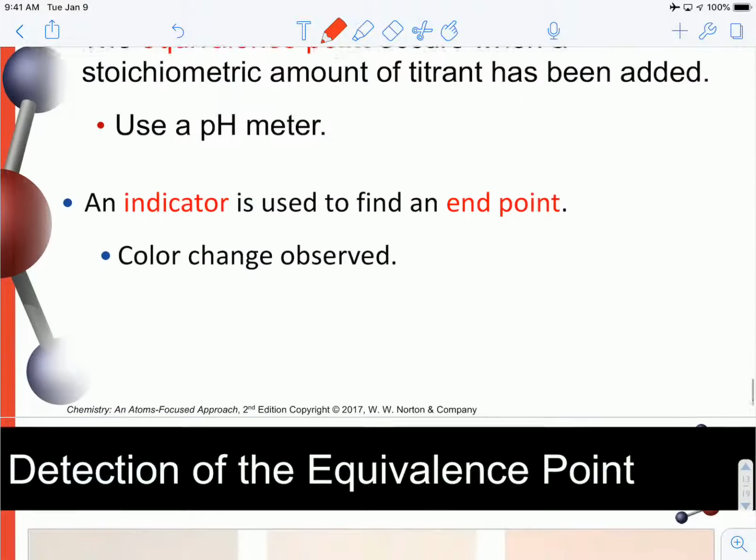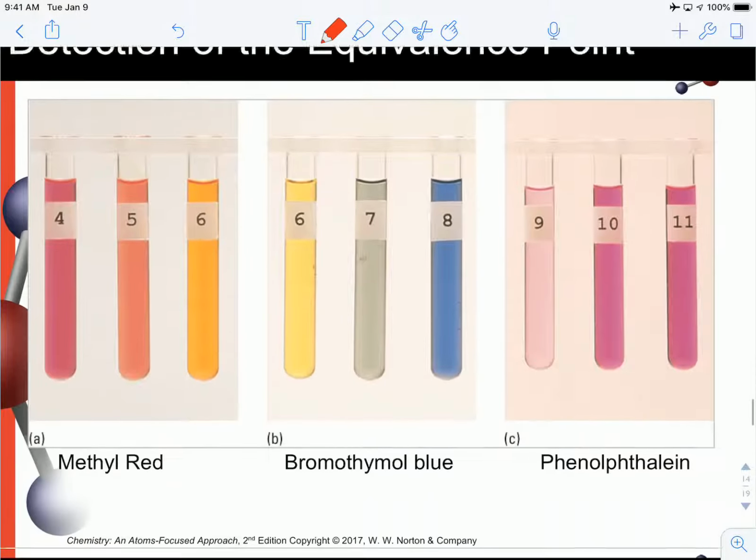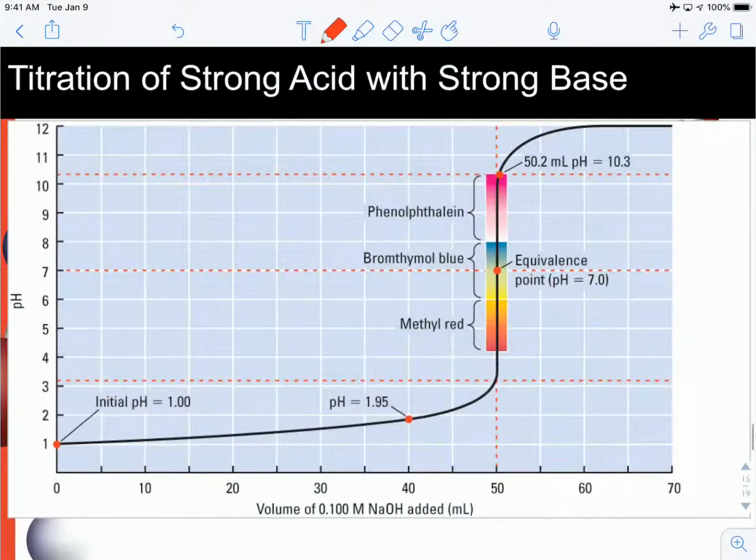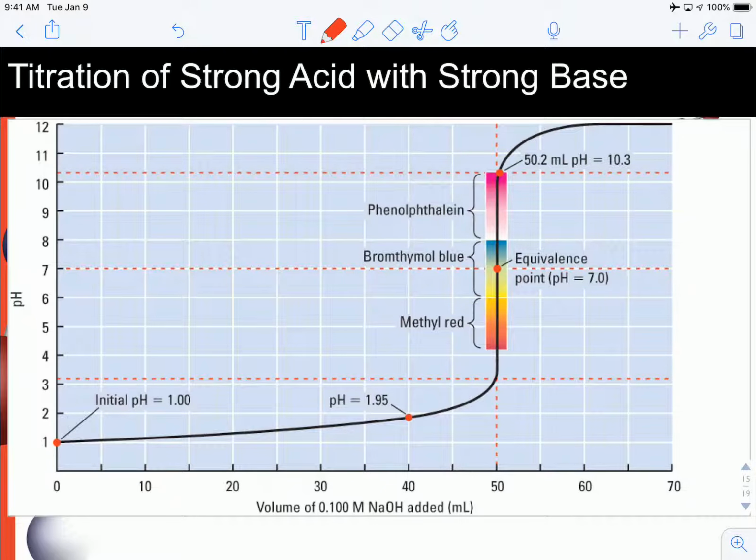The endpoint is as close as possible to the equivalence point. The equivalence point is the stoichiometric point that the acid and base are equalized. So here you see a titration of a strong acid with a strong base, and you notice this region here is very abruptly changing, and this is the case with a strong acid and a strong base.